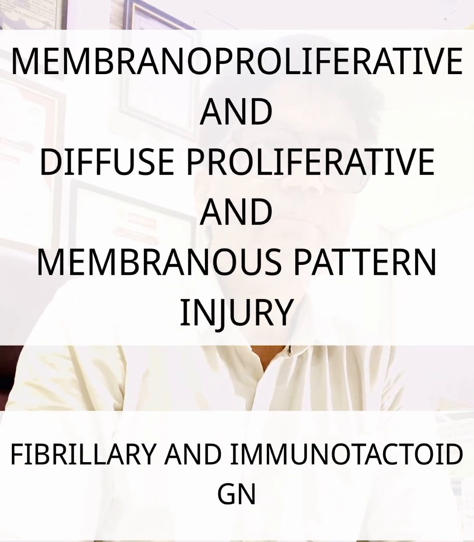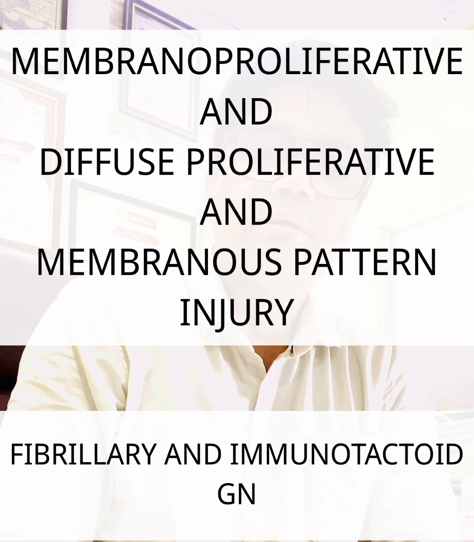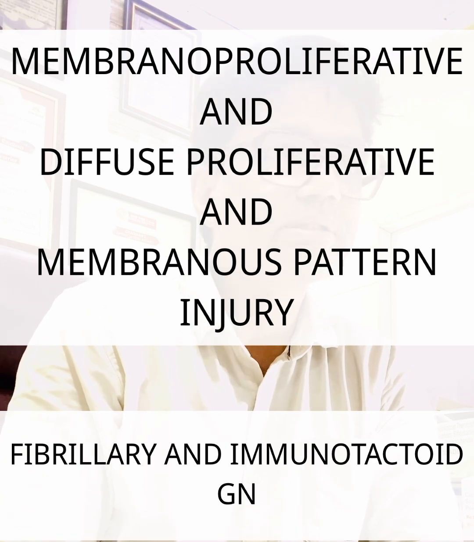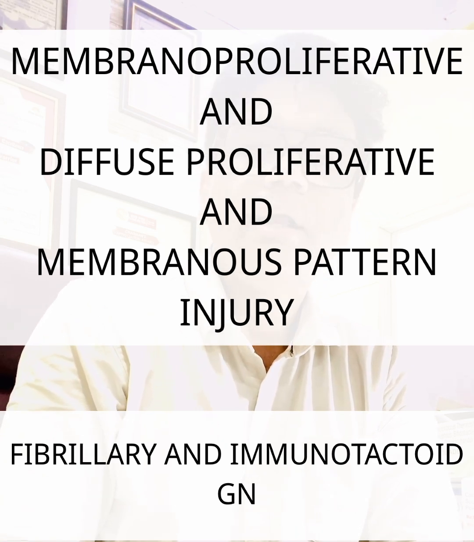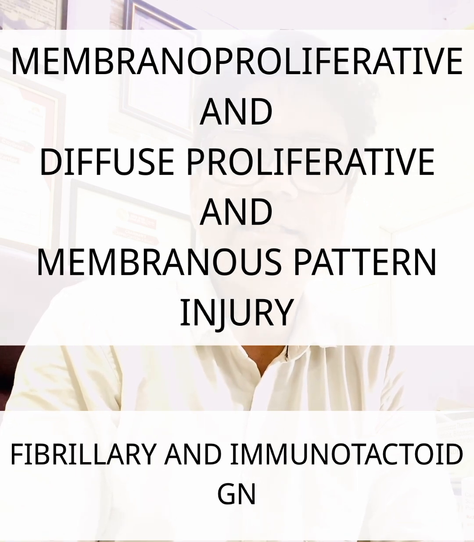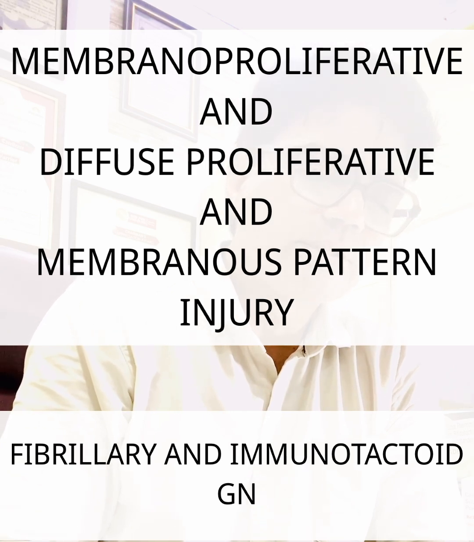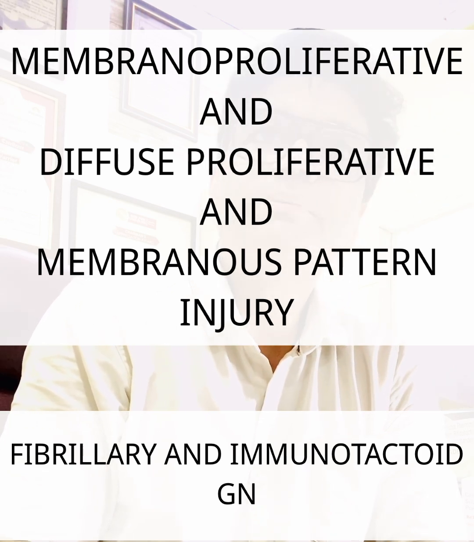If we see the light microscopy in immunotactoid glomerulonephritis, we usually find membranoproliferative and diffuse proliferative glomerulonephritis features or picture. And if we see the immunofluorescence, IgG or IgM, monoclonal kappa or lambda light chains and complements may be there. So this is the immunofluorescence microscopy.